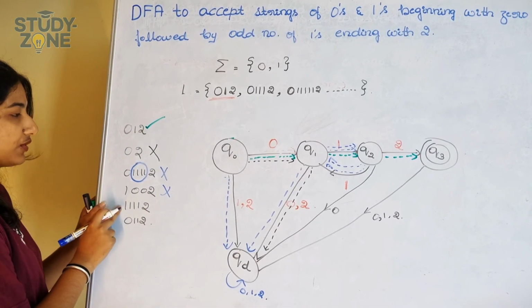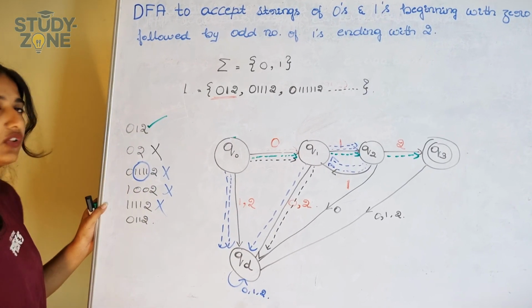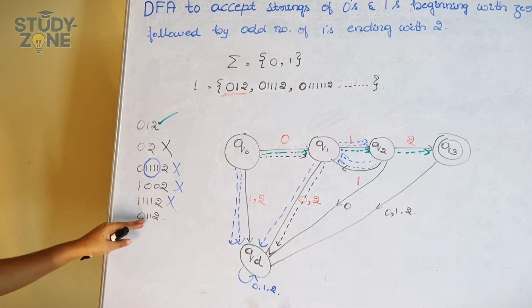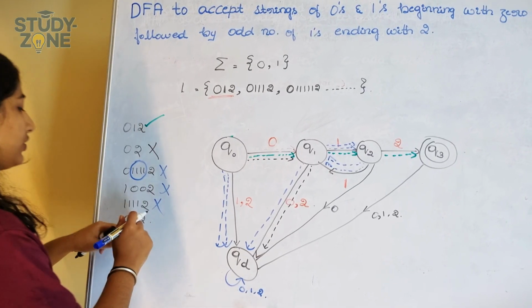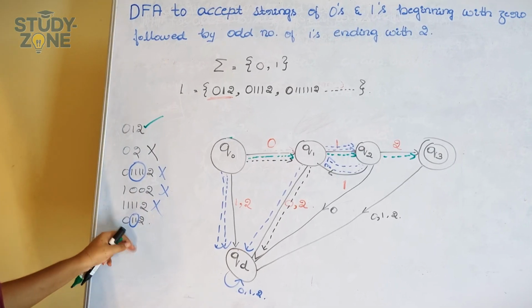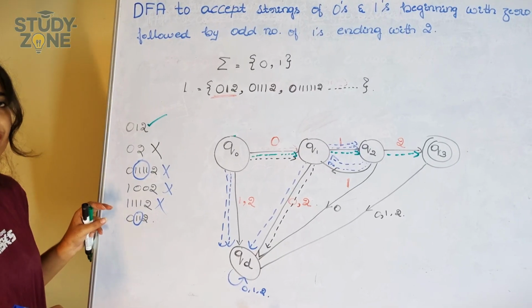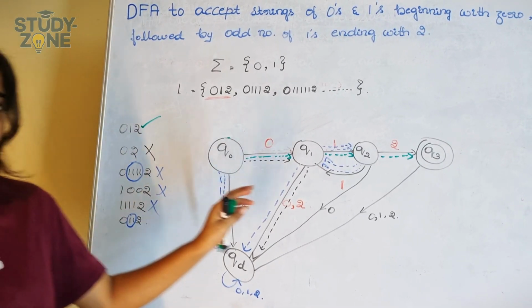So same thing here, also starting with 1, so it is moving to dead state. So this one is also not getting accepted. So now we have 0, 1, 1, 2. So this one is also not getting accepted because here it is even number of 1, right? So solve this. This is an assignment for you and let me know if our transition diagram is proper or not.